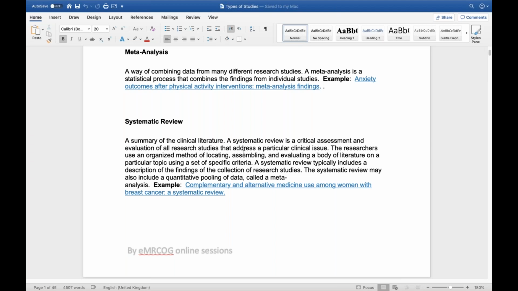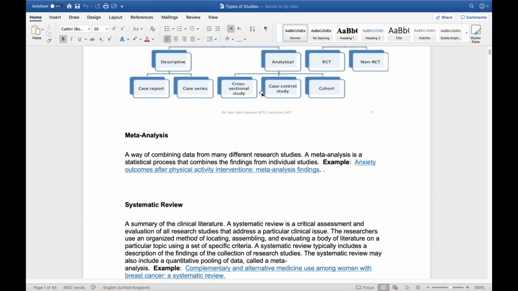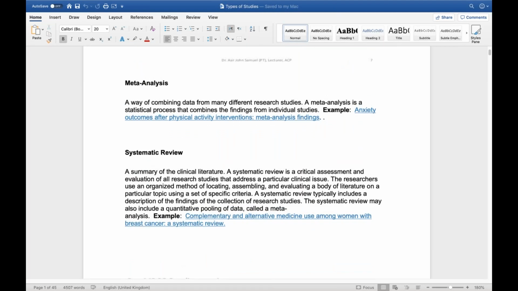Meta-analysis involves a statistical analysis of the data from the studies in your systematic review. To make it easy, not all systematic reviews have meta-analyses, but all meta-analyses are involved inside a systematic review.